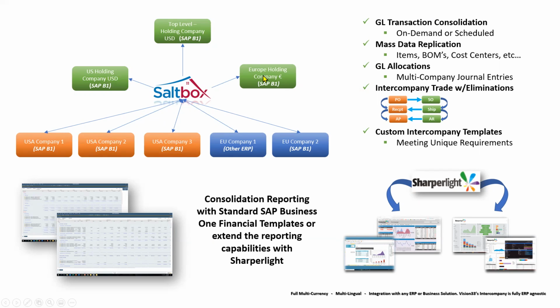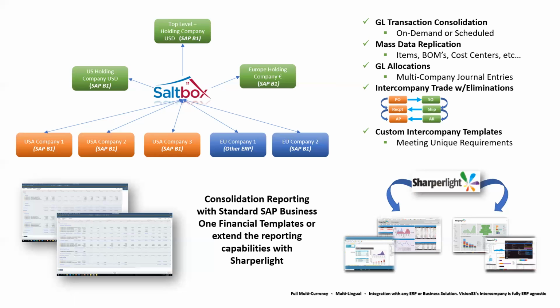Same with my top level company. So no new financial reports come into the mix with the intercompany solution. You're using the standard financial reports that come out of the box with SAP. And if you're aware, at 10.0, those financial reports now support drill down into the details.